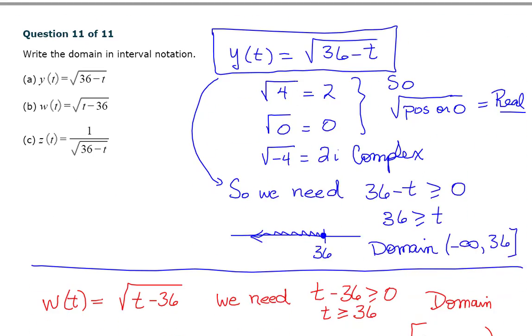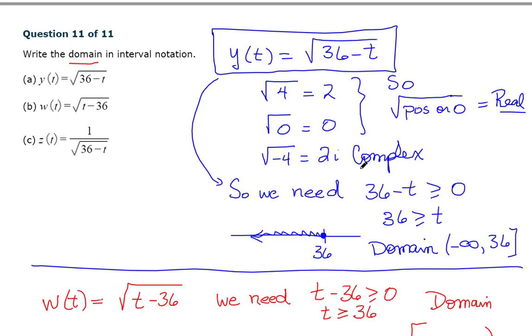And in our last question, we're looking at what about square roots, and again finding the domain. What inputs can we use? Well, let's remember a few things first. Square root of 4 is 2. That's nice. Square root of 0 is 0. Okay, that's fine too. But the square root of minus 4 is 2i.